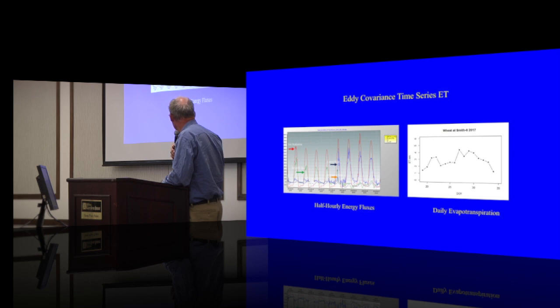These are the 4 components of the energy balance measured from that station I showed you in the prior slide, and you can very accurately pinpoint where irrigation began, which is illustrated here. You can see the sudden rise in latent heat, which corresponds to a lot of evapotranspiration. Then when you integrate these curves on a daily time scale, you can get a graph such as this, which gives you daily evapotranspiration across the growing season.